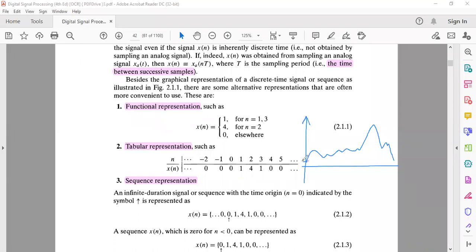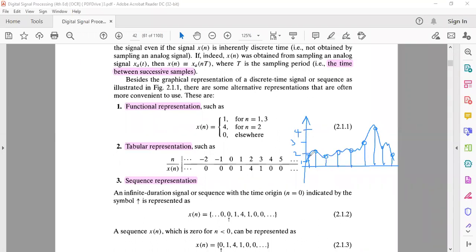If, for example, we say this is 1, this is 2, this is 3, and this is 4. When you sample, this is your first sample, n equals 1. You have your sample n equals 2. You have this n equals 3. This is n equals 4. N equals 5. N equals 6. Maybe n equals 7. N equals 8. N equals 9.